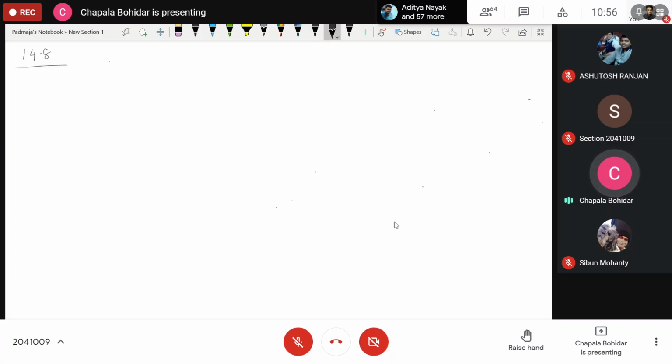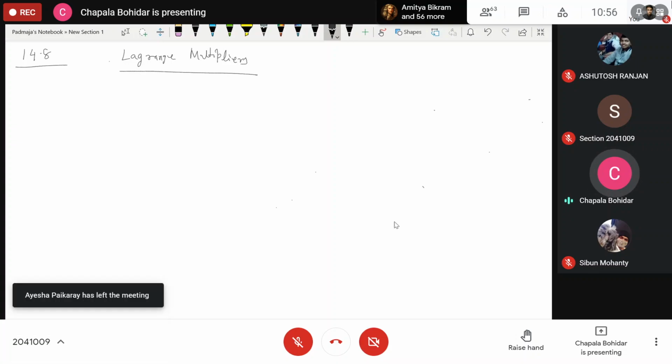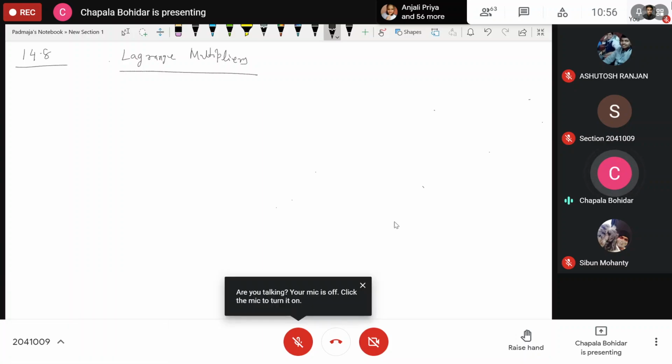That is your Lagrange multiplier. This is one method to find out the maximum and minimum value. It is not necessary here to convert it as a function of 2 variables.